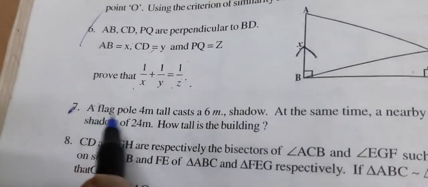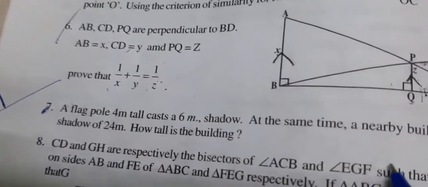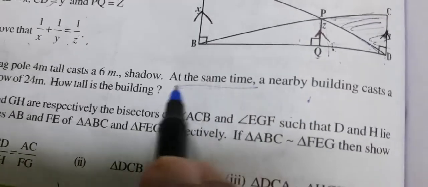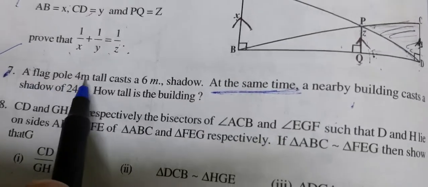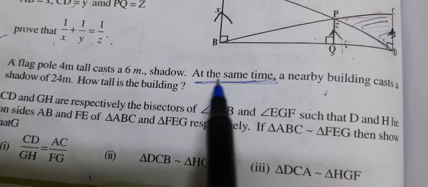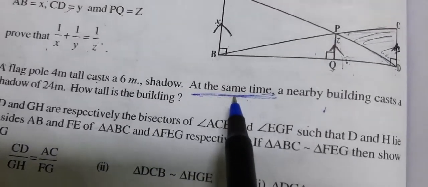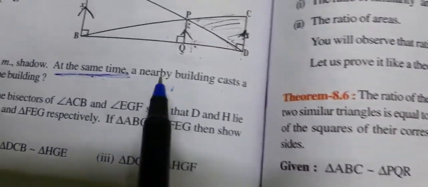Simple. A flagpole on the ground. At the same time, he is asking: a flagpole 4 meters tall casts a 6 meter shadow. At the same time means, suppose 8:30. At the same time, a nearby building.